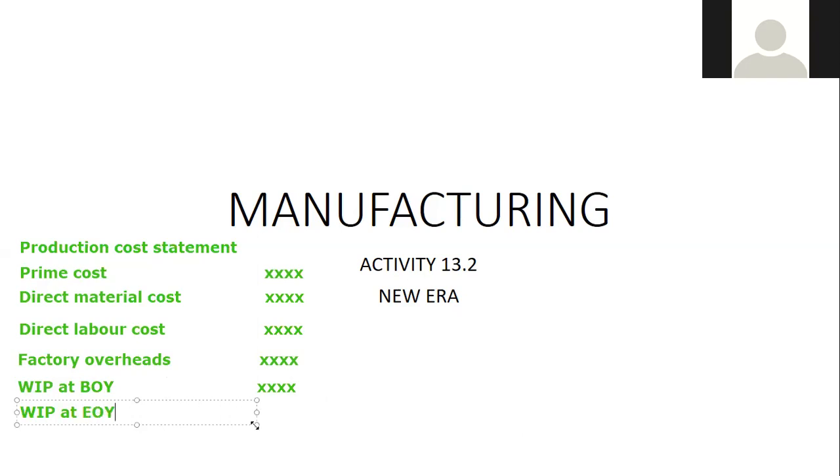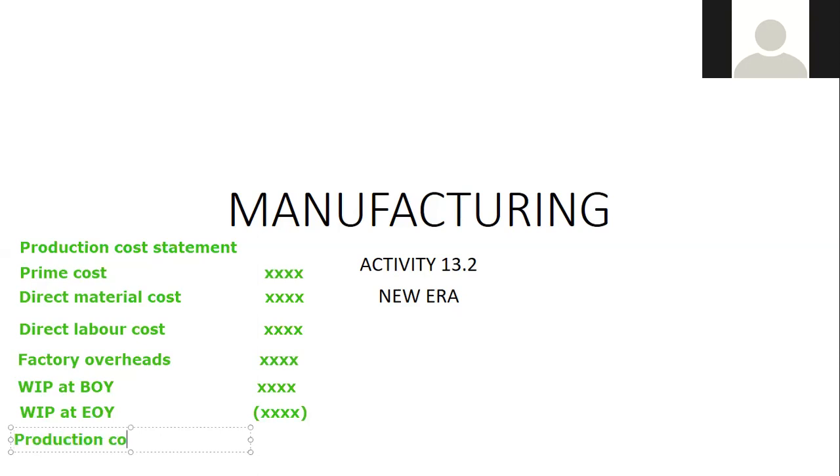What do we do with it? It is a negative value, so we have to subtract it. So I'll just put it in brackets. After work in progress at the end of the year, what's next? It is simply production cost.